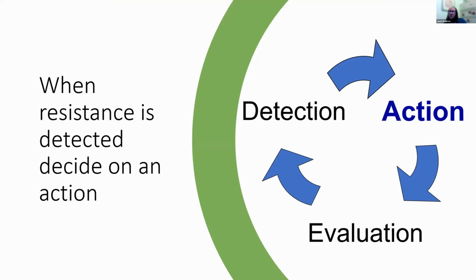So when resistance is detected, you have to decide on an action. And again, that action can be no action, that you detect resistance, but it's not really impacting your overall control because it's a very weak mechanism that's underlying. The resistance is not strong enough that you're seeing products failing in the field.